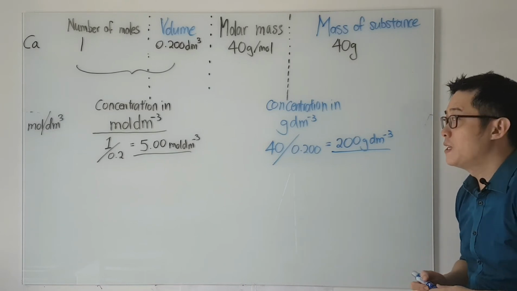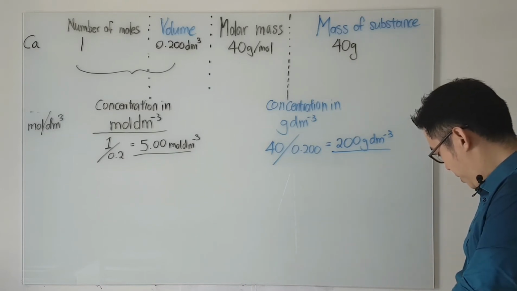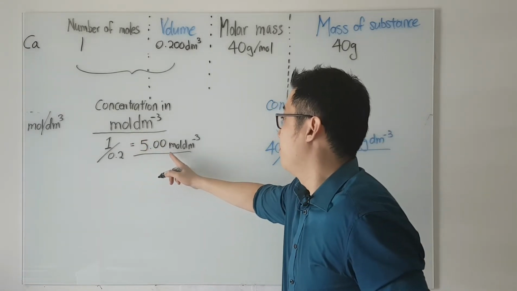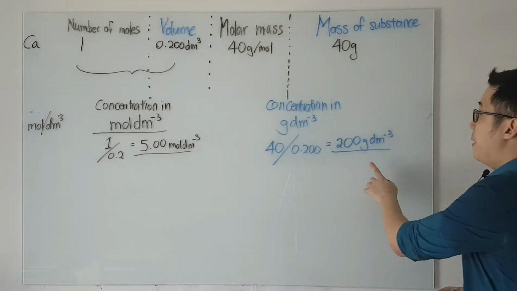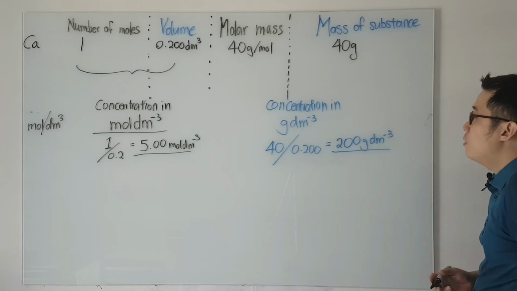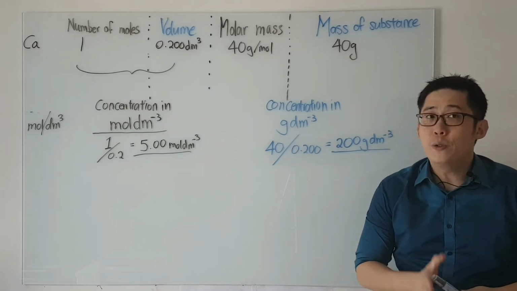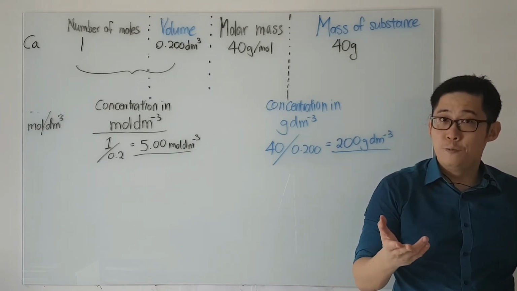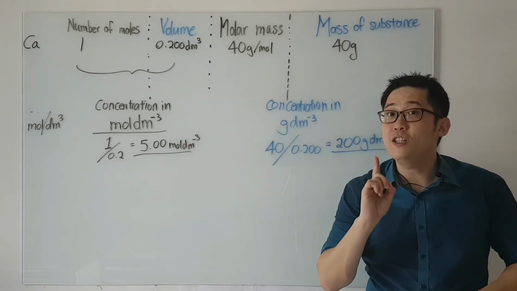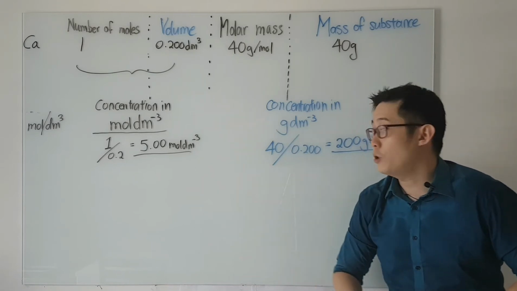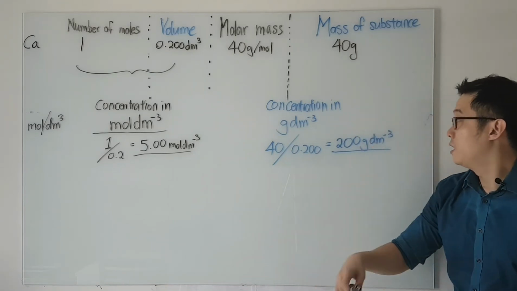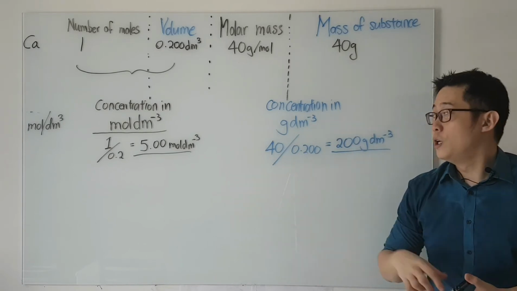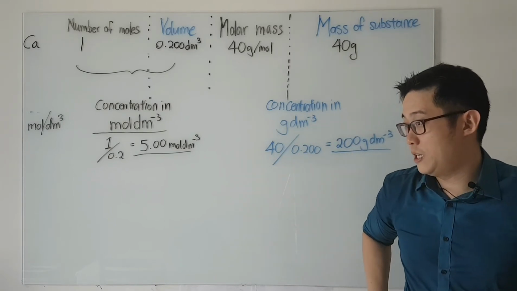Now, again, students, let's take a look at this pattern. In terms of moles per dm cube, it's 5 moles per dm cube. In terms of mass per dm cube, it's actually 200 grams per dm cube. So now, students, I can straight away tell you the concentration in grams per dm cube given the moles per dm cube, or vice versa.